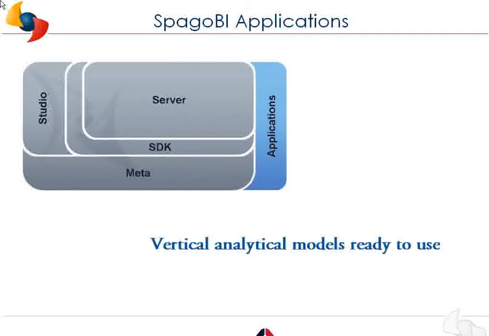And finally, the applications are vertical analytical models ready to use, so they are not actually code, but mainly data models and predefined reports that you can use in order to build vertical applications, so to contextualize the use of SpagoBI in specific sectors from a technological or a business point of view.